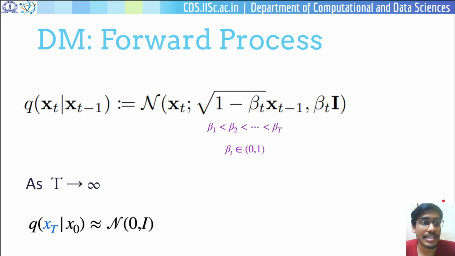In practice, this capital T is of the order of thousands. Using a large but finite number of steps allows us to set the individual variances beta t to be very small, while still approximately maintaining the same limiting distribution. But why do we want a small step size? What's the benefit? That essentially means that learning to undo the step of the forward process won't be too difficult.